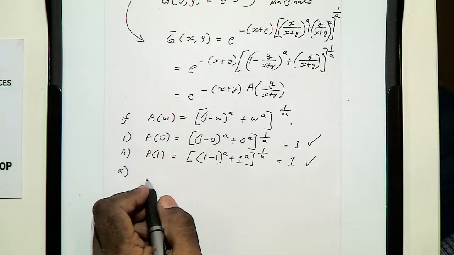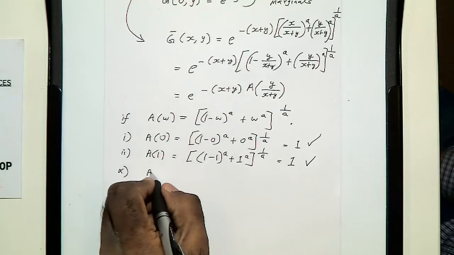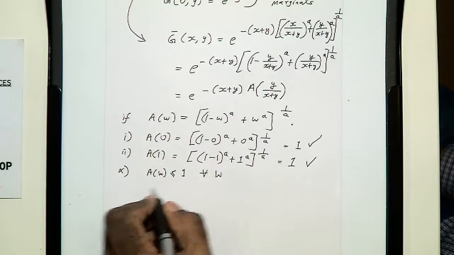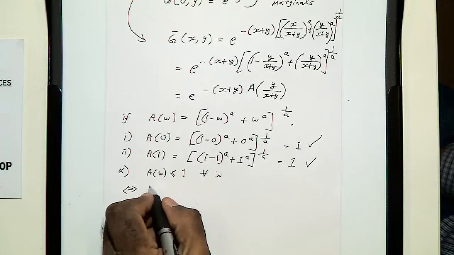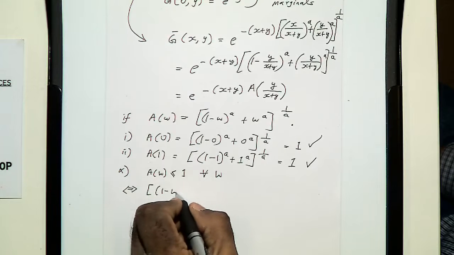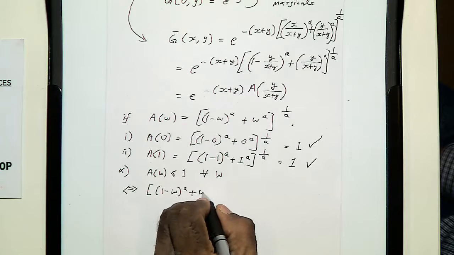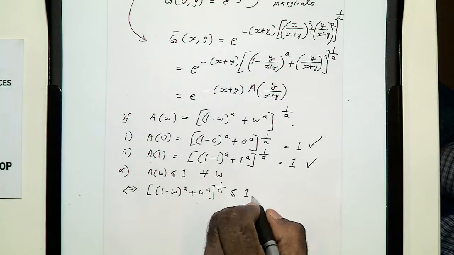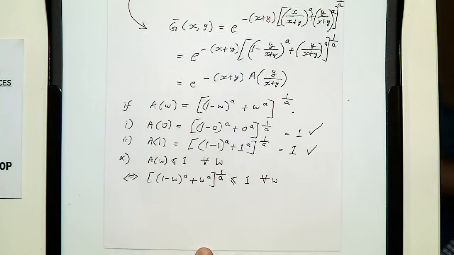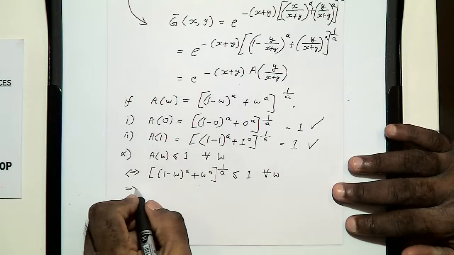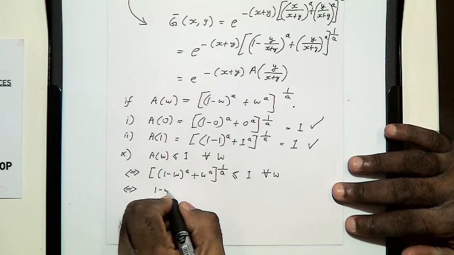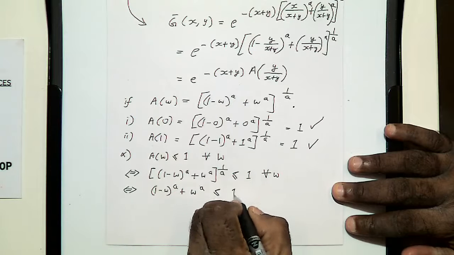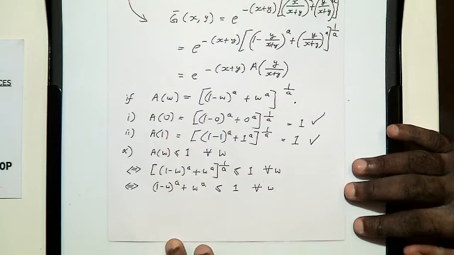Alpha is that A of omega is less than or equal to 1, for all omega, which is the same as this, yeah, and this is the same as saying this.